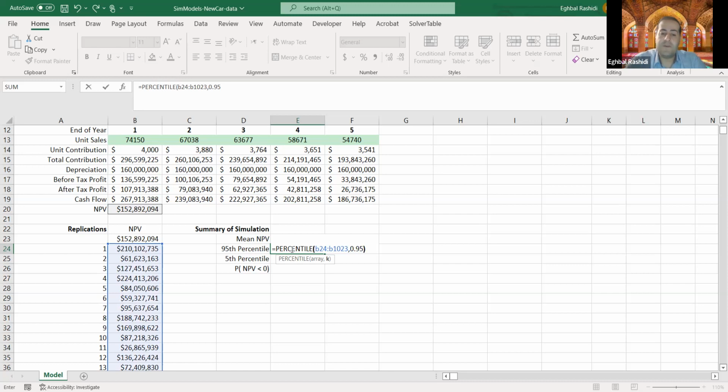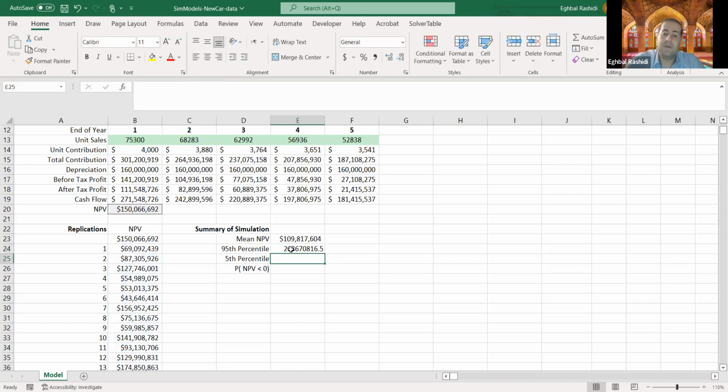This is going to give us the number in these 1000 replications for which 95% of those numbers are less than this value, which is 103 million. Let me use the format painter for this cell as well.